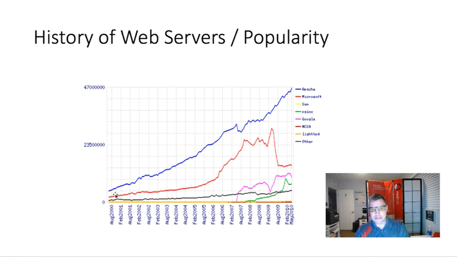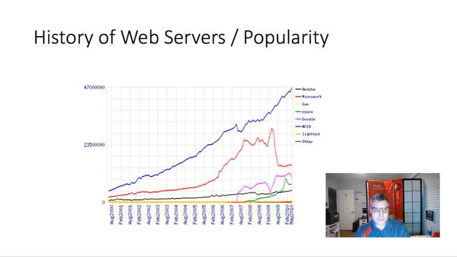And as you see, going through the years, Apache was in the lead, and just really no one could keep up with them. Microsoft has for many years been trying to win this race, but they have never succeeded in taking over Apache. And in fact, you see here around 2009 where IIS actually lost some steam.